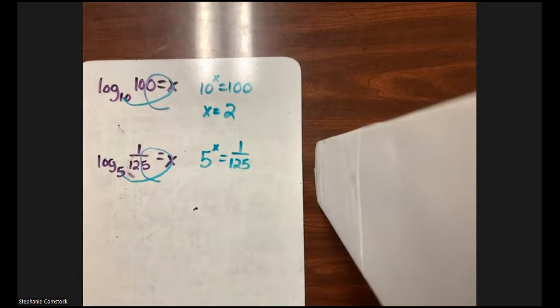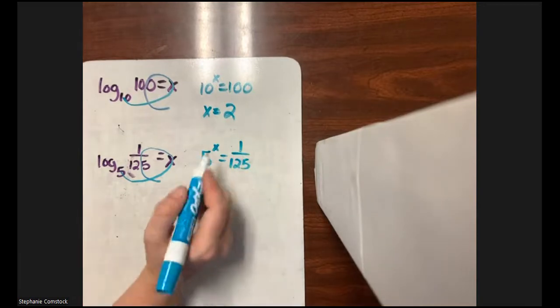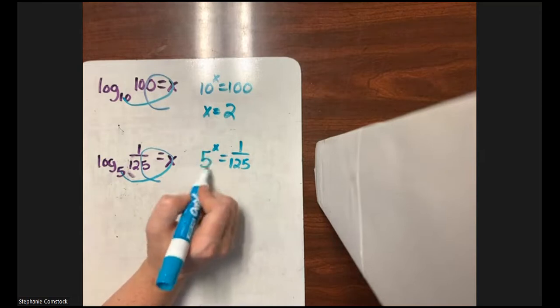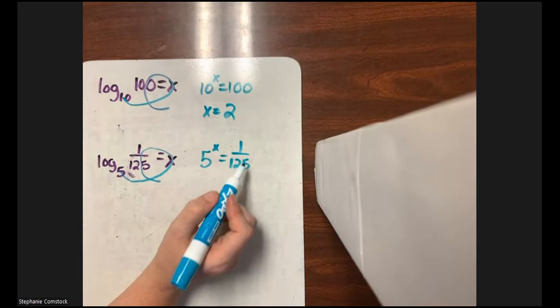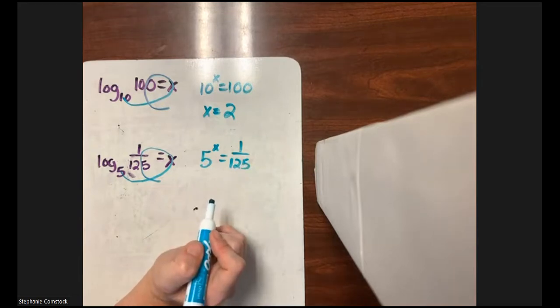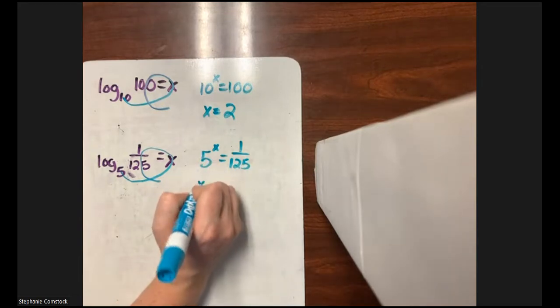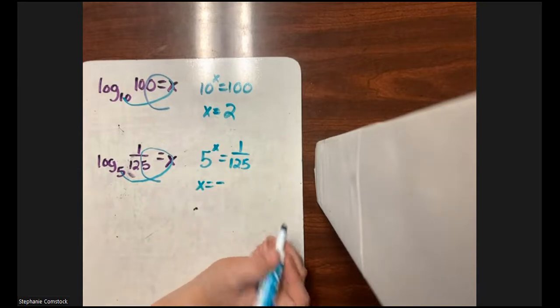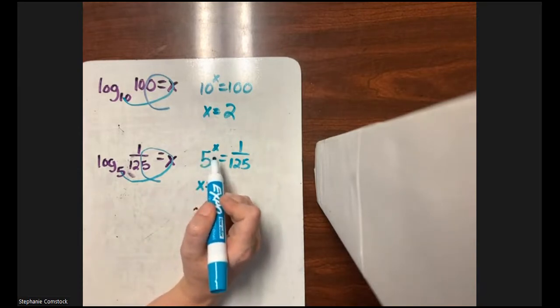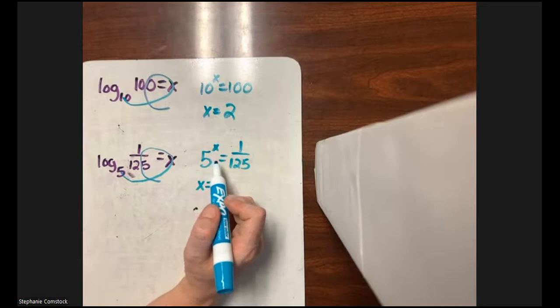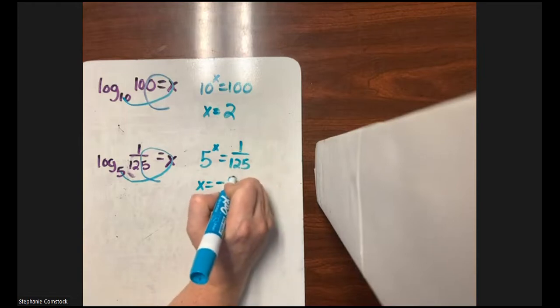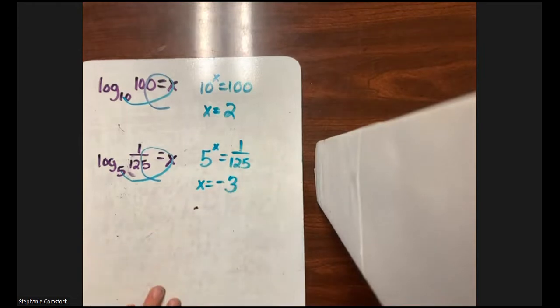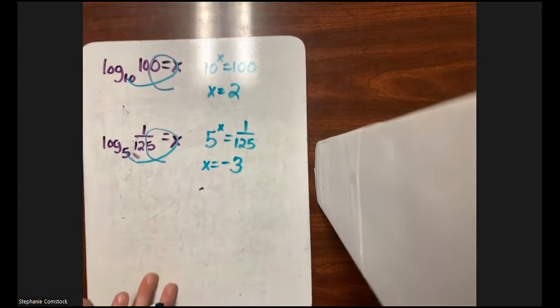Now, if we remember our exponent rules, the way that I go from a whole number base to a fraction is that the exponent has to be a negative number. So x here is going to have to be negative. And so now I'm thinking of powers of 5. 5 to the first is 5, 5 squared is 25, 5 cubed, which is 5 times 5 times 5, is 125. So x is going to be negative 3 for that one.